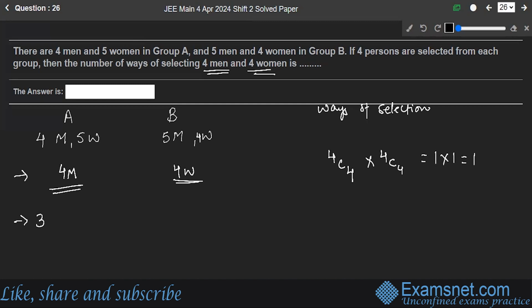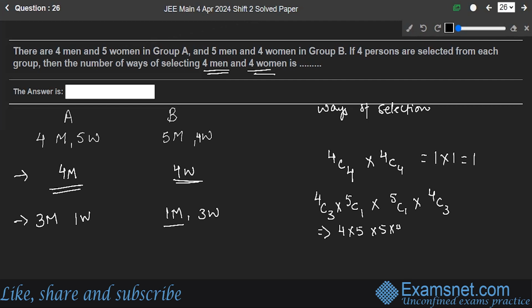Second, you select 3 men and 1 woman from the first group, 1 man and 3 women from the second group. Now, how can that be done? From 4 men, you are selecting 3, into from 5 women, you are selecting 1, multiplied by from 5 men, you are selecting 1, into from 4 women, you are selecting 3. So this is 4 into 5 into 5 into 4, which is equal to 400.